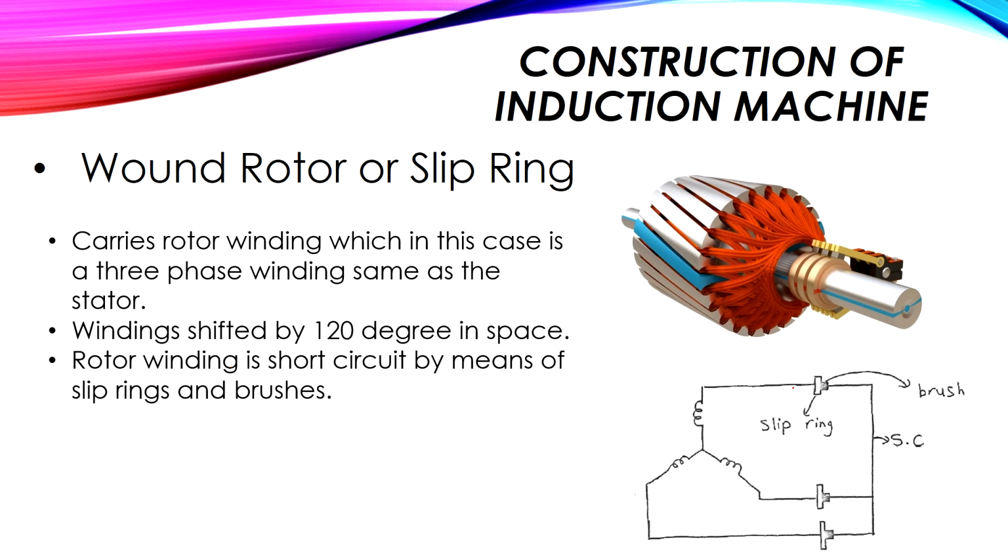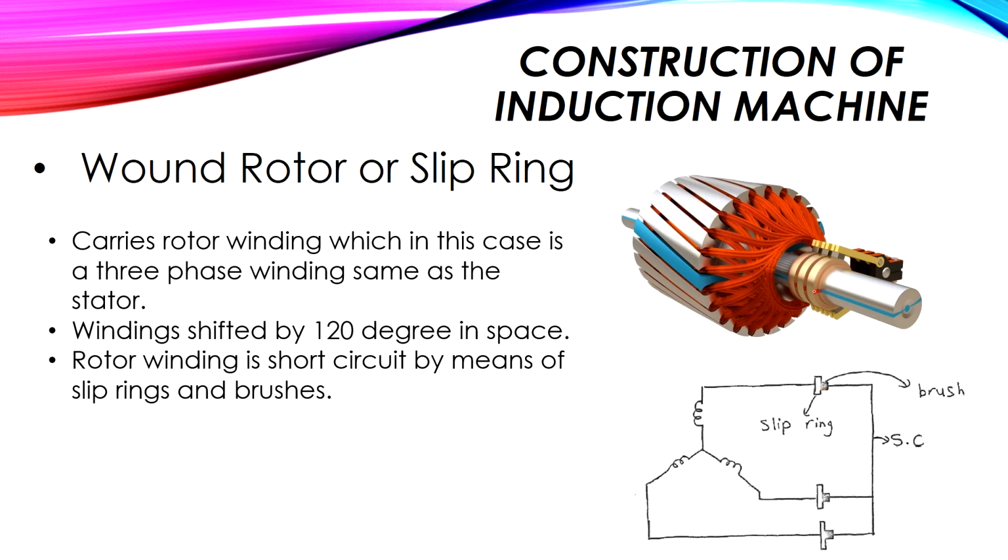So here we have the 3-phase winding short circuited together. All of them are connected together as a short circuit by means of slip rings and brushes. Since the rotor is rotating, we have brushes in order to connect with the slip rings.